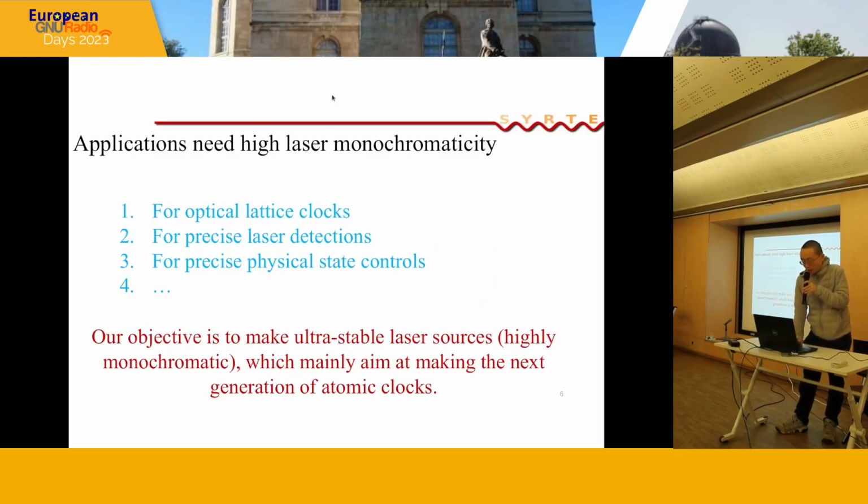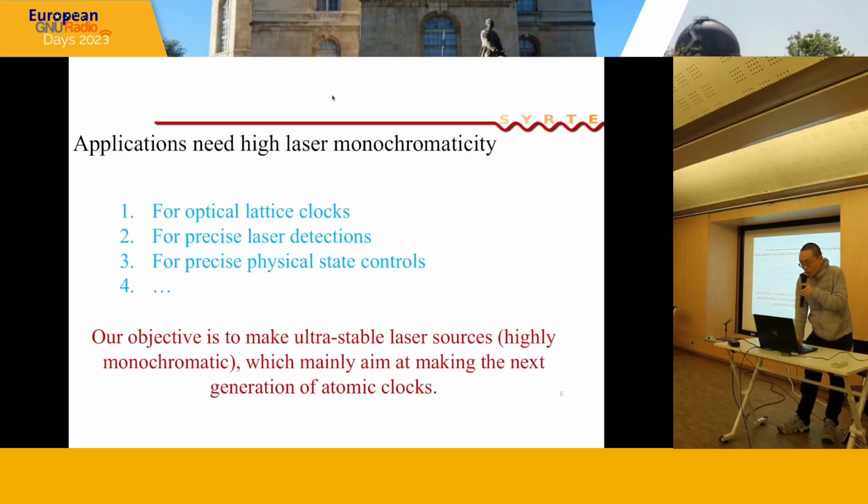And the applications that need high laser monochromaticity: the first is for optical lattice clocks, the second one for precise laser detection, and the third one for precise physical state control.